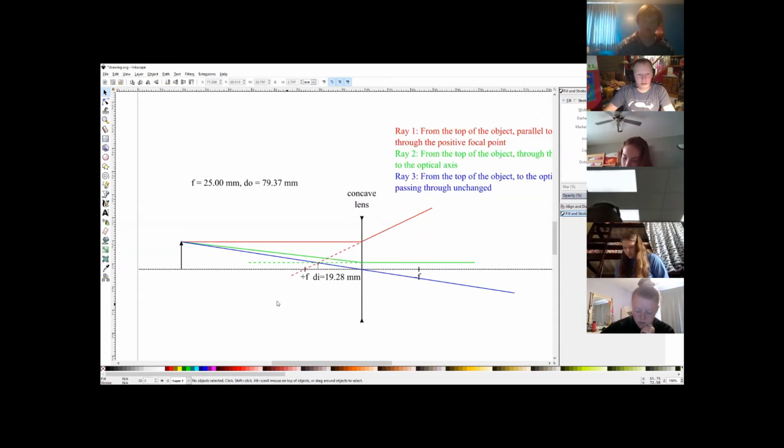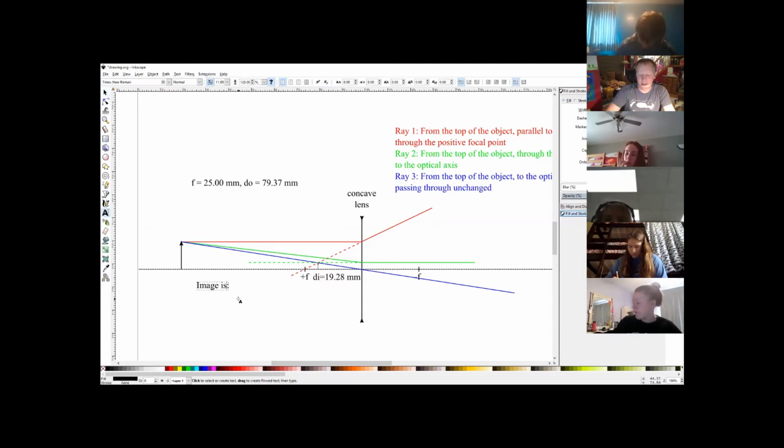Okay, and let's make our list with this. Okay, what we can tell, a couple things are, this is a much smaller image, so the image is demagnified.